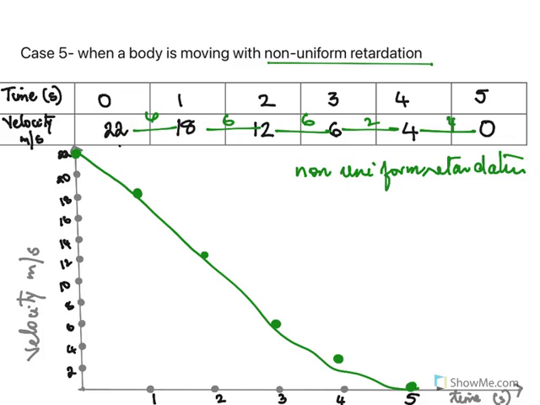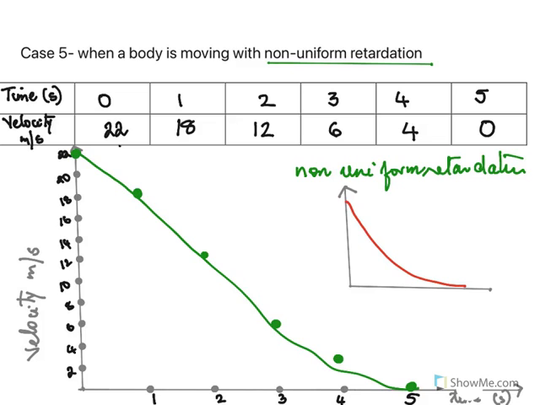So the difference is different. So it is non-uniform retardation. It's not a straight line. A non-uniform retardation would be something like this, where it is not a straight line.